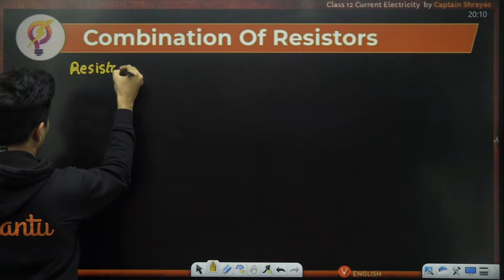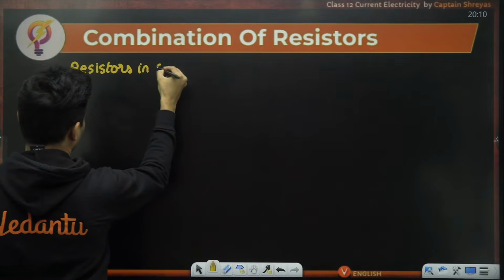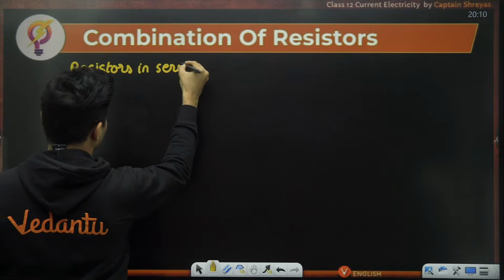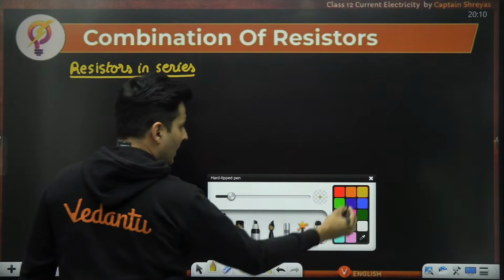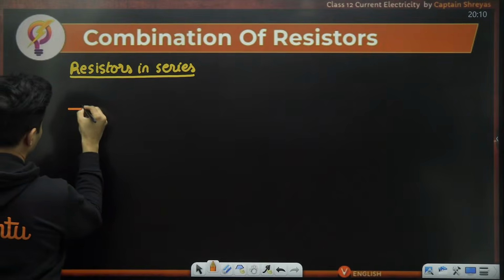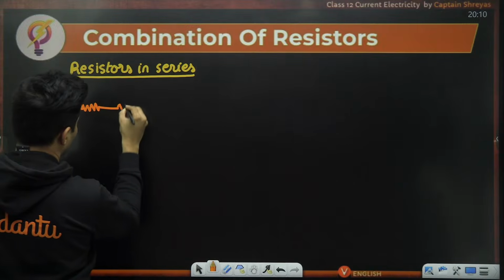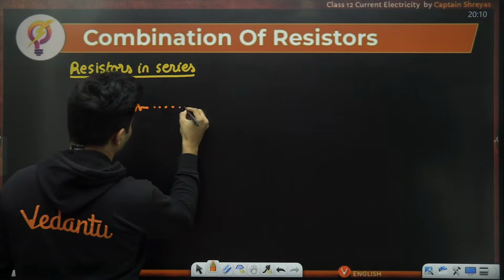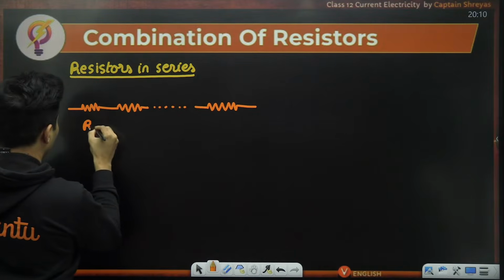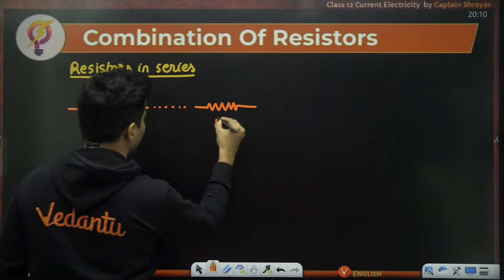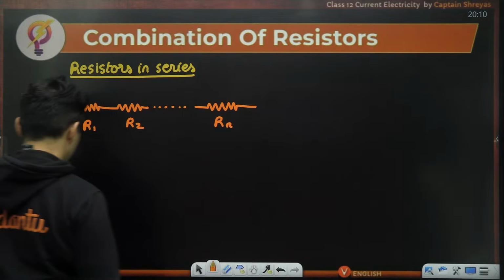When we have resistors in series, so we have things like, say for example, this is one resistor, another resistor, one after the other. This is R1, this is R2, this is your Rnth resistor.